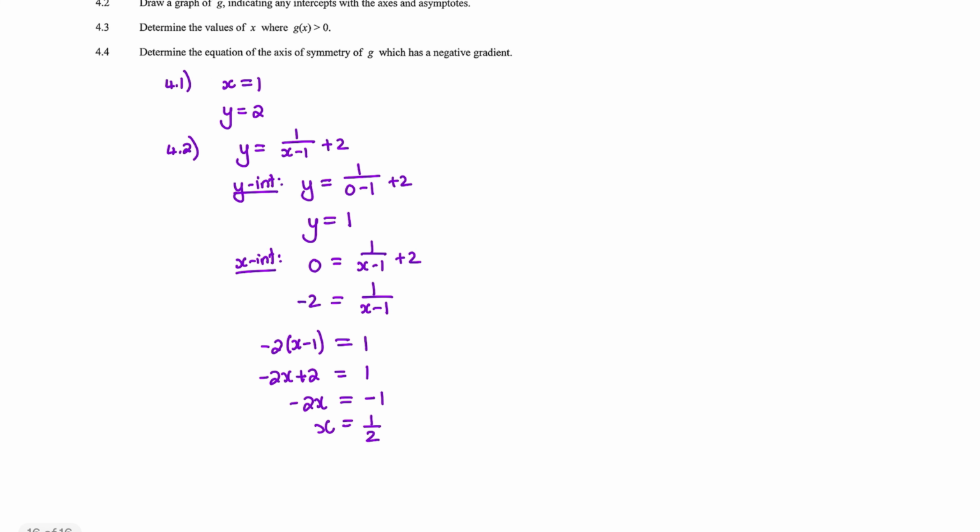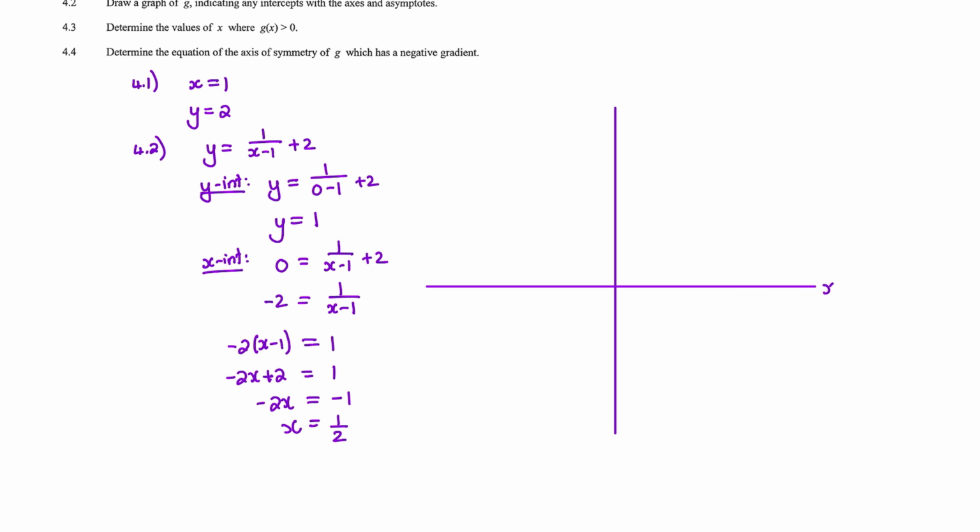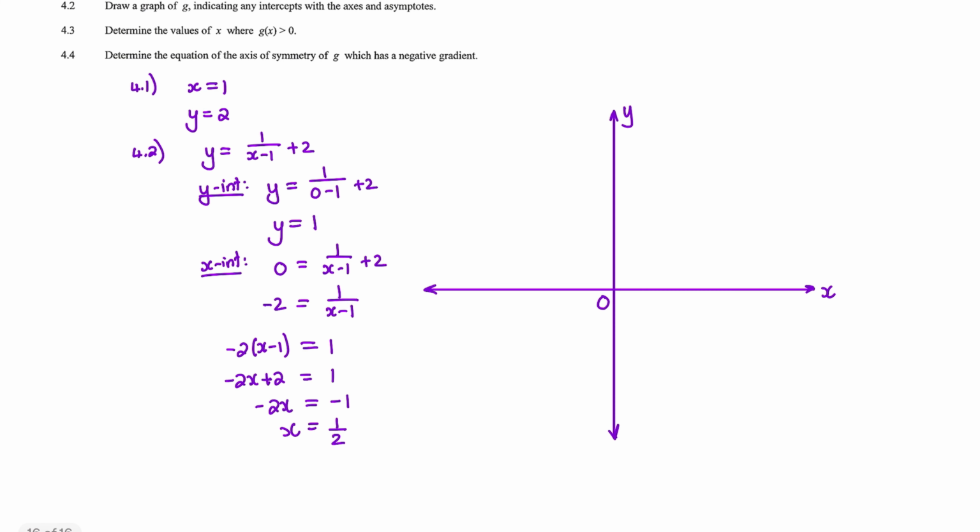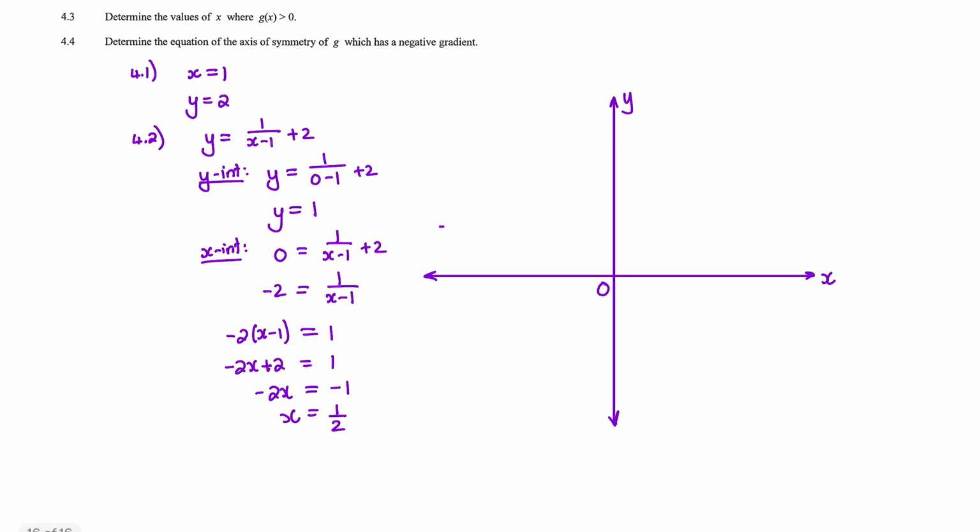So let us quickly draw the function. Always draw the x and y axes. Put arrows on your axes and show the origin with a 0. Next, we'll draw the horizontal asymptote and the vertical asymptote. For the horizontal asymptote, y is equal to 2, and for the vertical asymptote, we have x is equal to 1.